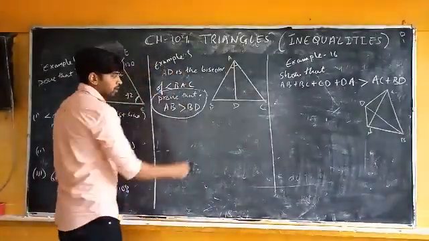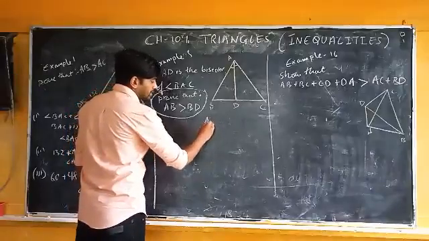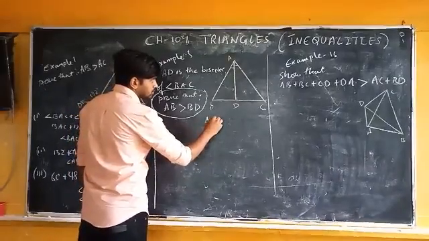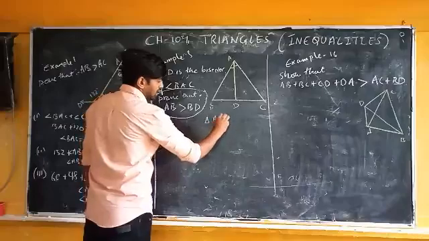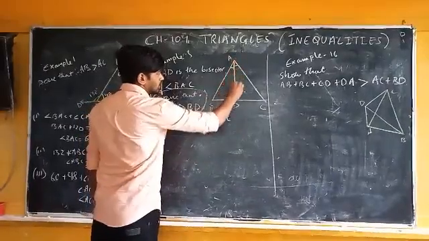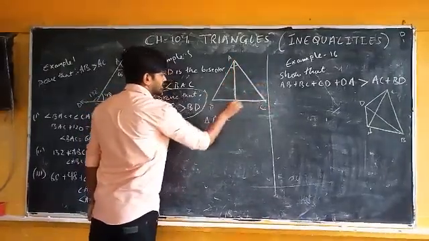Okay. Look in triangle ABC. Yellow triangle देखो. White color triangle. ठीक है?